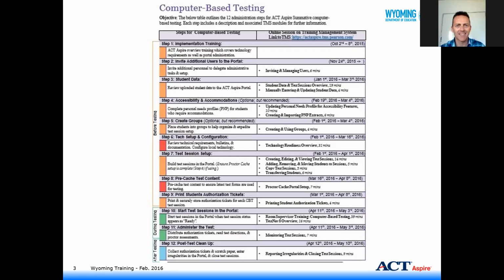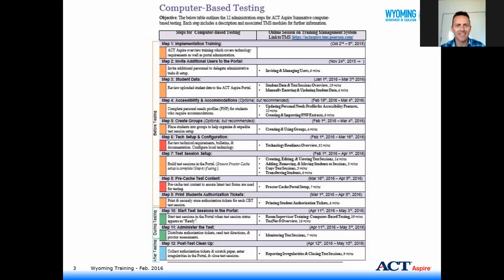Now, the data is available now. You actually can go through and download the test content. We do recommend that 2 weeks prior you validate that you have the latest and greatest test content on your system and everything is ready to go. That's why that window is a little bit later than right now, but you are able to do that now.